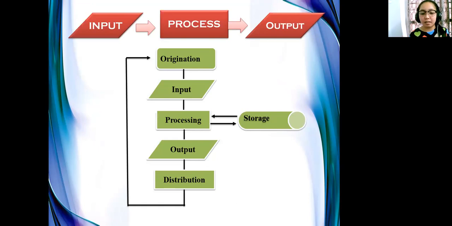Well, the expanded is origination, input, processing, output, distribution, and storage. So, class, meron silang specific shape kung ano yung pinaka-gamit nila. So, hindi tayo pwede na maglagay lang ng kahit anong shape dyan. So, tandaan natin yung mga shapes na yan na nagre-represent sa bawat isa sa kanila. Okay po, maliwanag.